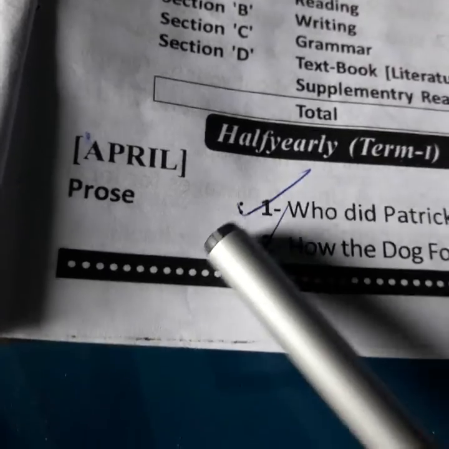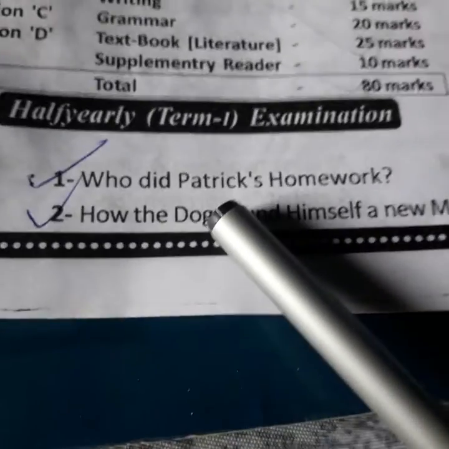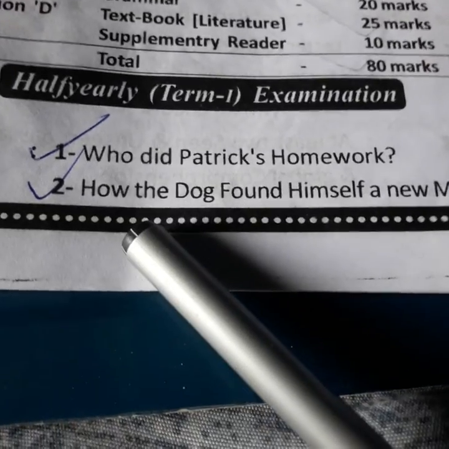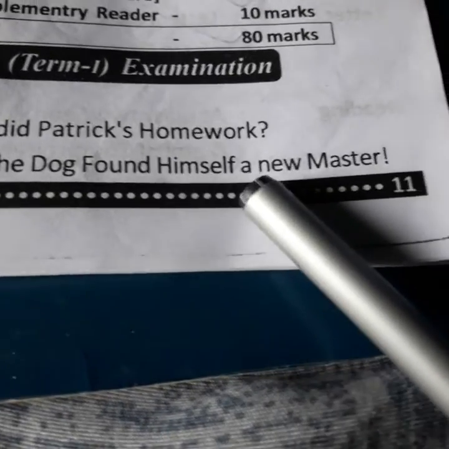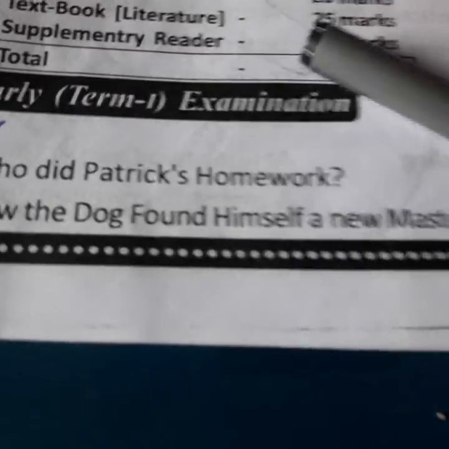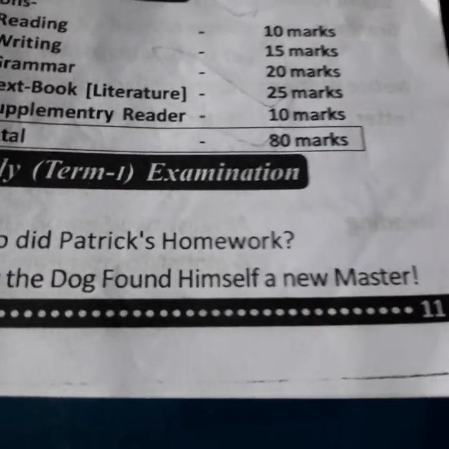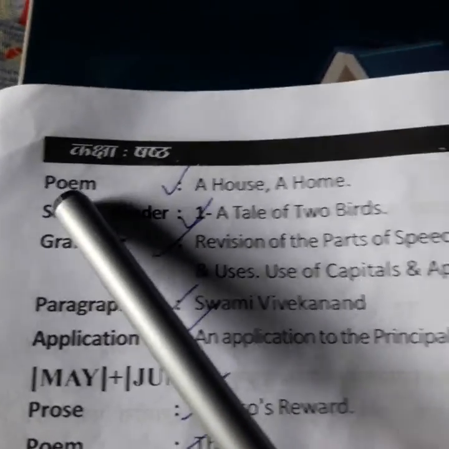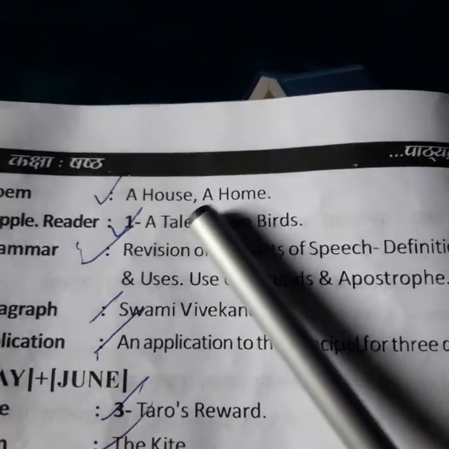Month of April involves the prose section. Lesson one, Who Did Patrick's Homework? And lesson two, How the Dog Found Himself a New Master. Now come to the next lesson, that is the poem A House, a Home.